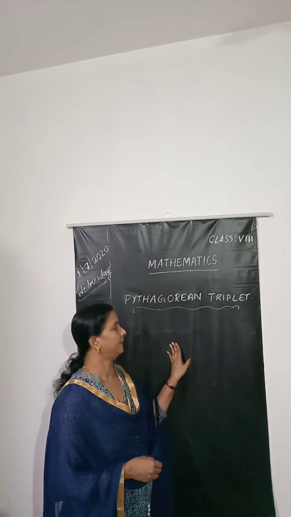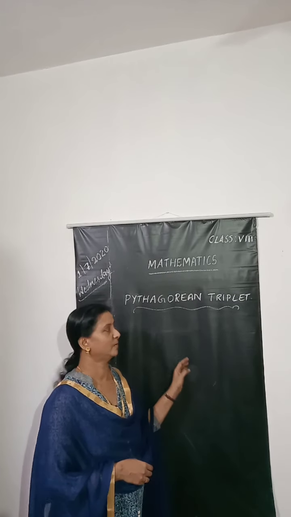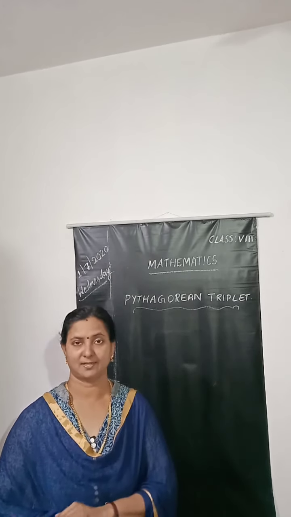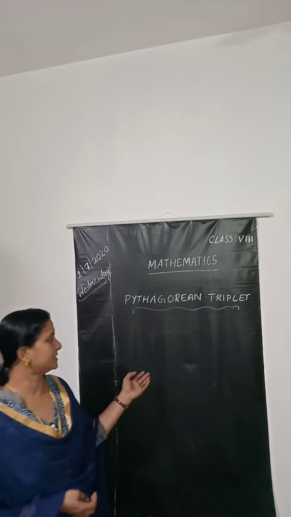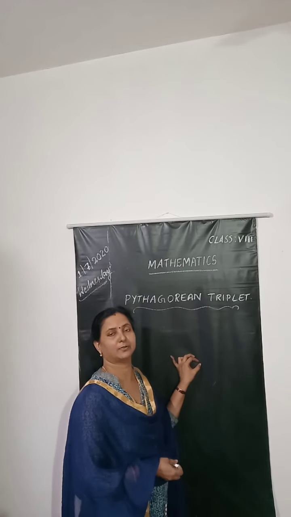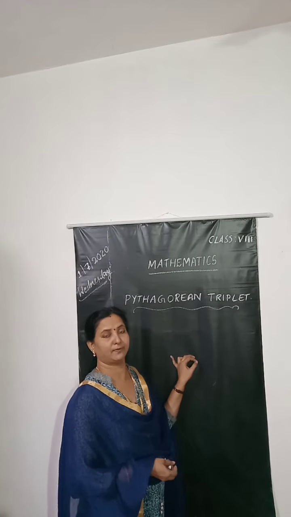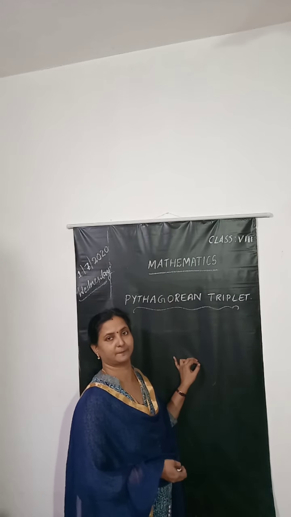Next, Pythagorean triplet. What are Pythagorean triplets? The numbers A, B and C are said to be Pythagorean triplets if A square plus B square is equal to C square.